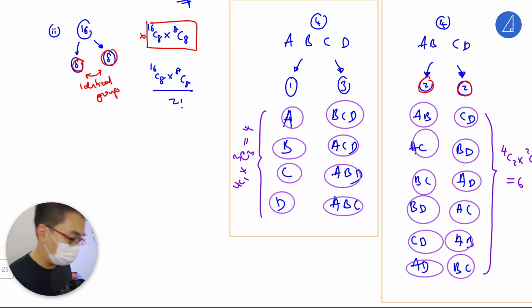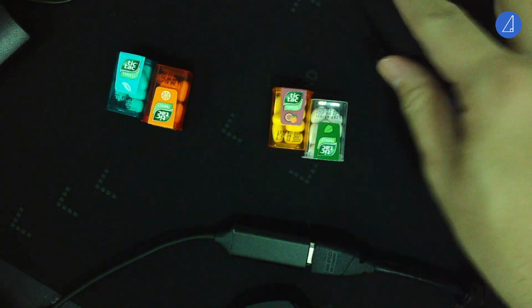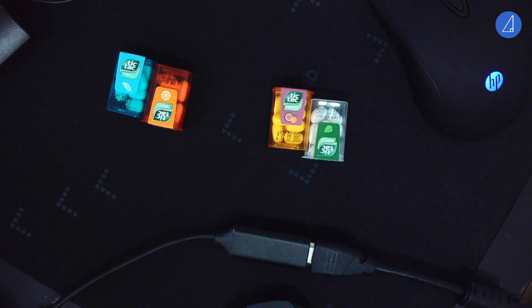For example, if I put these two groups outside, you can't really distinguish who is who. So if you come over here, it's the same thing.